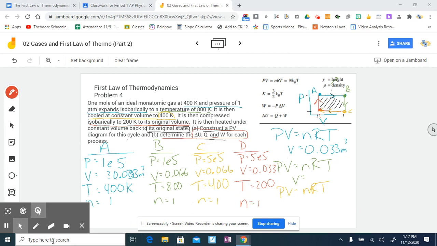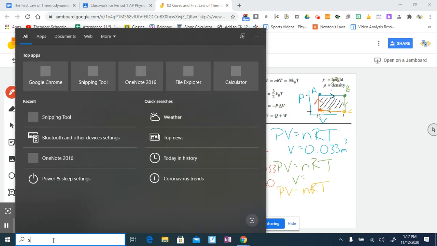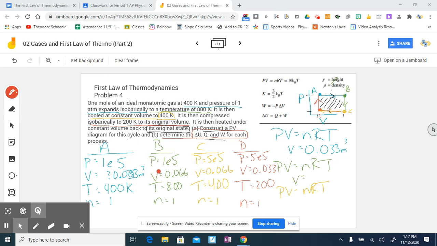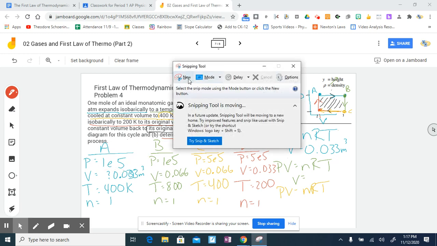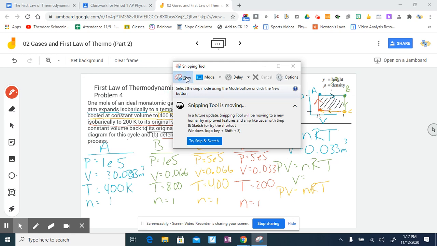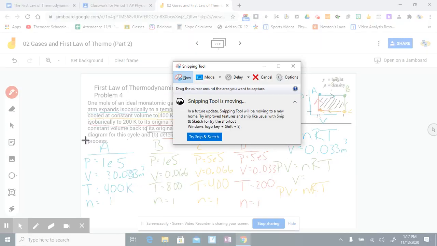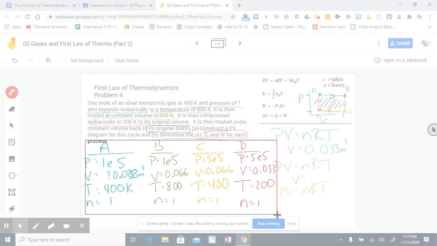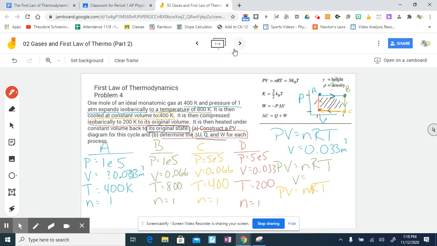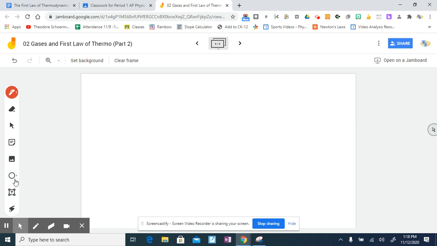So I'm just going to snip this up real quick. And I'm going to bring the values over, so give me a second here so I can do that. All right, I'm going to copy this. And I'm going to move over to the next slide, and we're going to continue it from here.